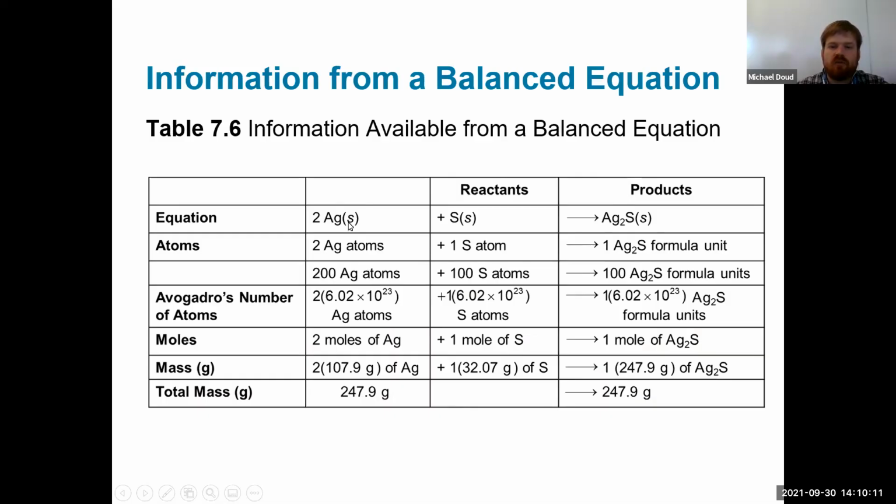And you can multiply this as needed too, right? So 200 silver atoms plus 100 sulfur atoms gives 100 silver sulfide formula units. Totally fine. But note that in the balanced chemical equation, if we do the equation right, we have a balanced conservation of mass from the reactants to the products.